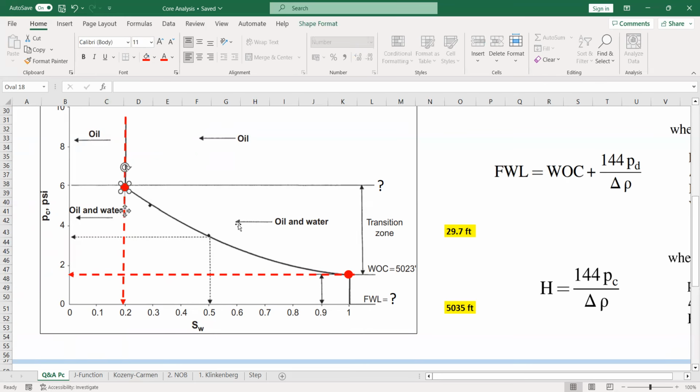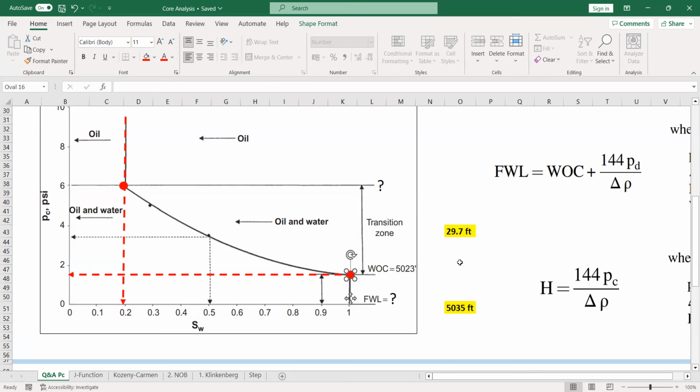But if you have your perforation here between this depth down to this water oil contact, so if the perforation, the completion is located somewhere here between this depth and the water oil contact, then oil will simultaneously flow with water.